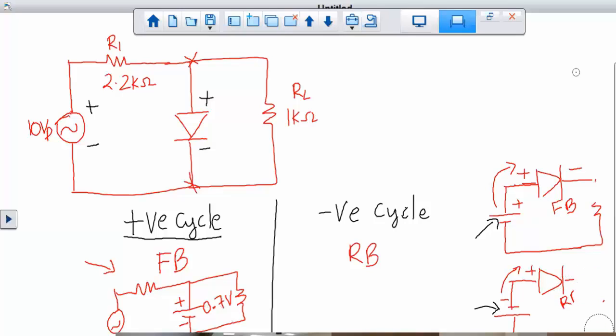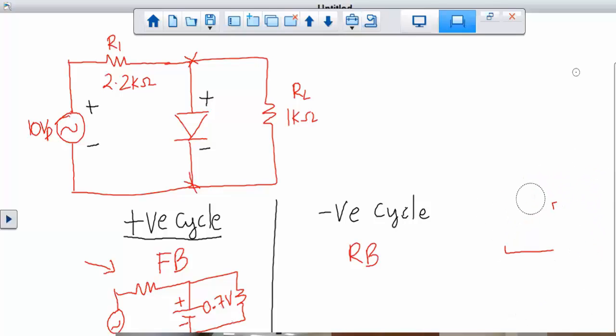With that 10 VP voltage source, we just assume that is given too. The voltage will be given to you. So positive and negative, you're assuming that positive is at the top.